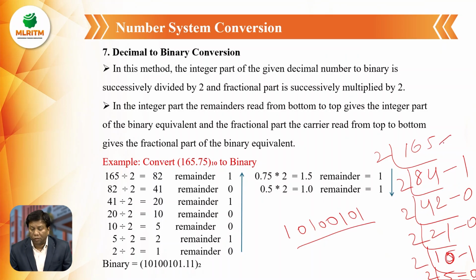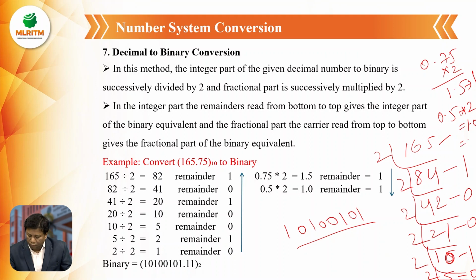165.75 has an integer part and a fractional part. The fractional part is 0.75. Multiply it by 2: 0.75 into 2 gives 1.5, so the carry will be 1. Then 0.5 into 2 gives 1.0, the carry will be 1.